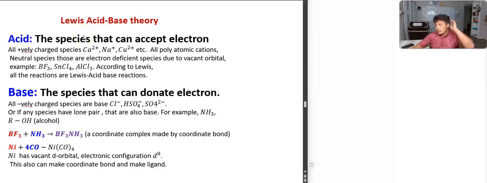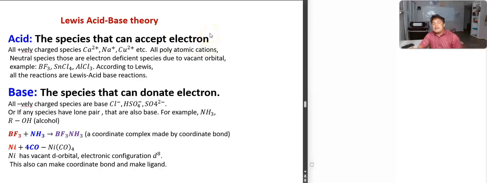Not all acids and bases are covered by Arrhenius. Similarly, Bronsted-Lowry was an improvement over Arrhenius, but it also couldn't define all of them, and Lewis acid base theory works perfectly for the remaining acids and bases which are not described earlier.